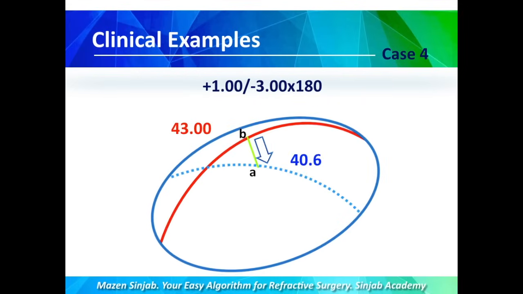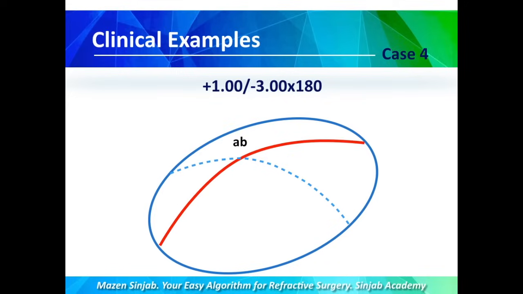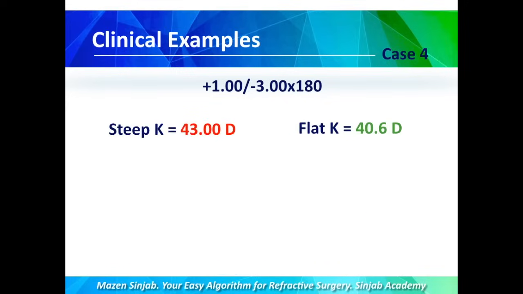In other words, if we assume that the steep K reading of the patient is 43 diopters and the flat K reading is 40.6 diopters, the -3 correction will reduce 43 to 40.6, and then the +1 will increase both. To apply this on the numbers, -3 will affect the steep K and will reduce it to 40.6 diopters.